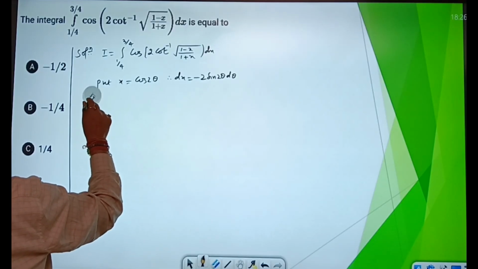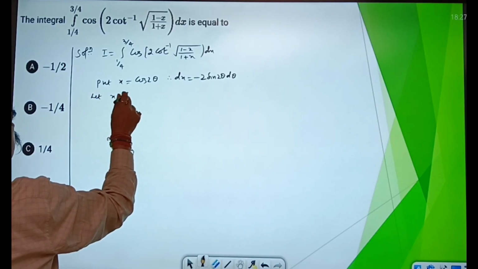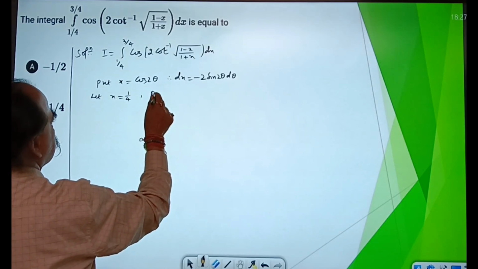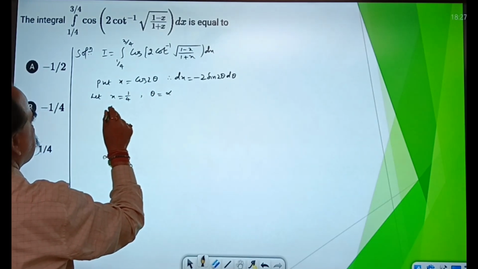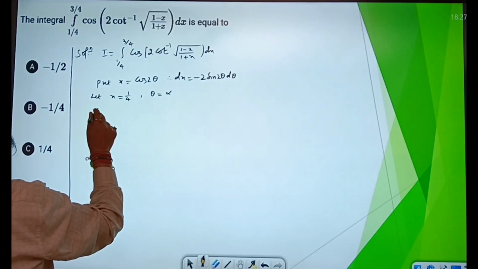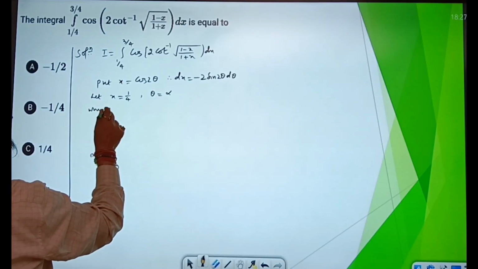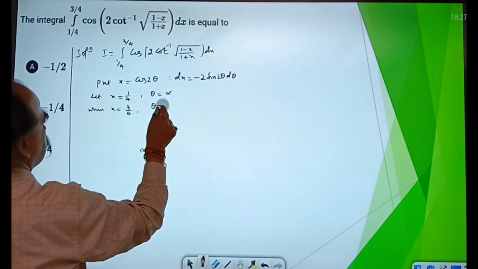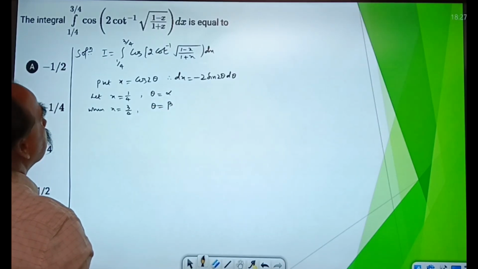Let x is equal to 1 by 4, theta is what? Alpha, and when x is 3 by 4, theta is what? Beta.